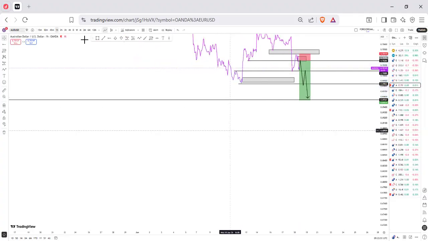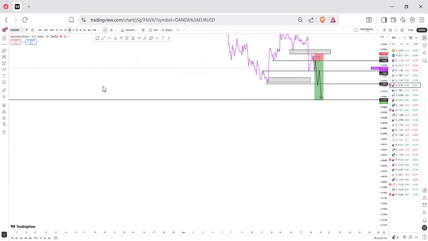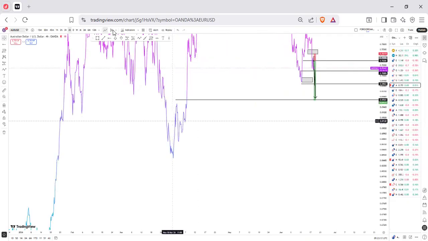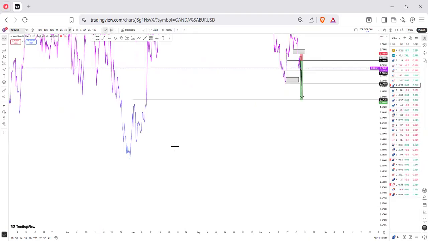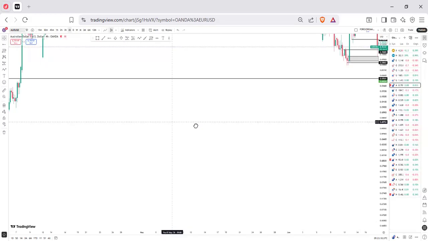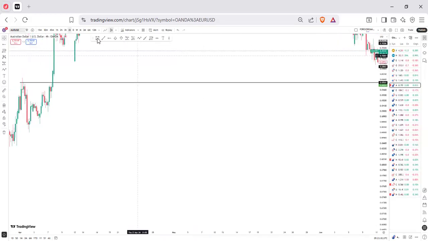Let's move again. Let me go to 4 hour before daily. Let's check it on a higher time frame. What you see here is a continuation pattern on 4 hours.